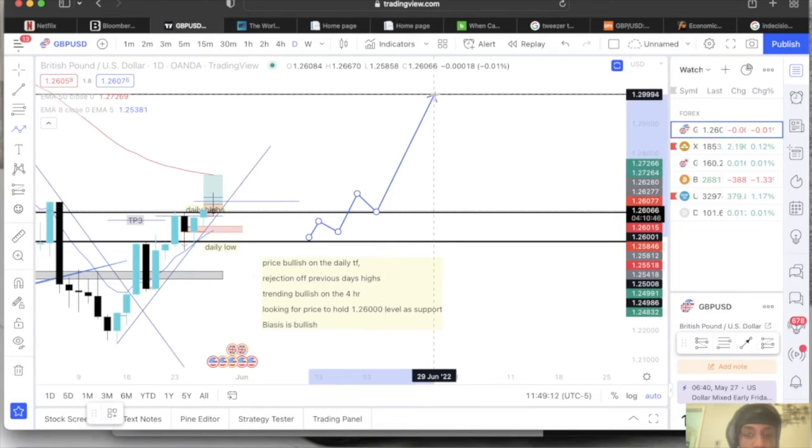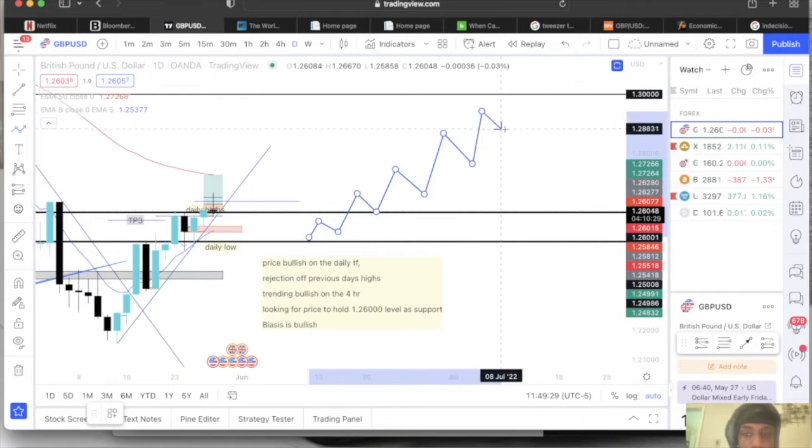In that case, you'll be looking to buy because price is going from low to high. So you'll be looking to trade with the trend and go for the position for the buys. In that case, they make higher lows all the way to the next level of resistance.